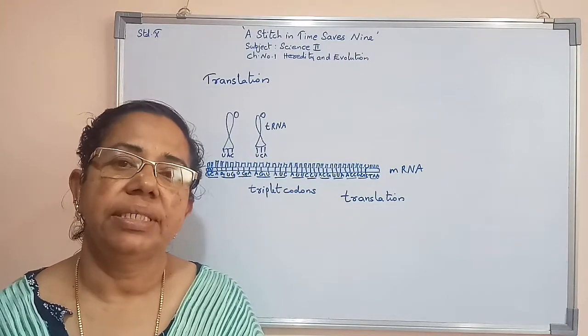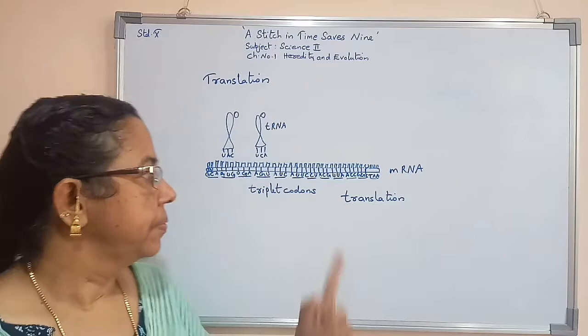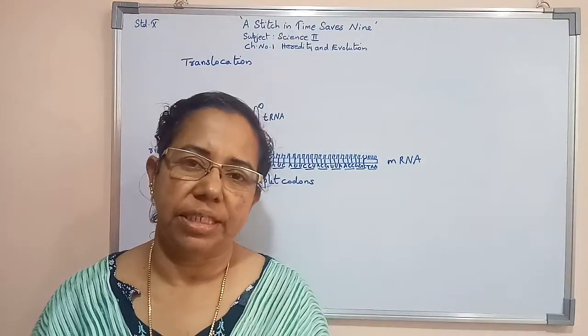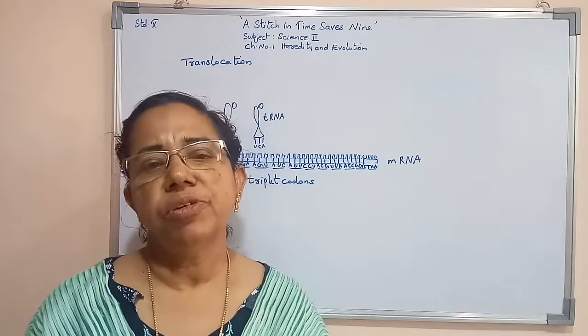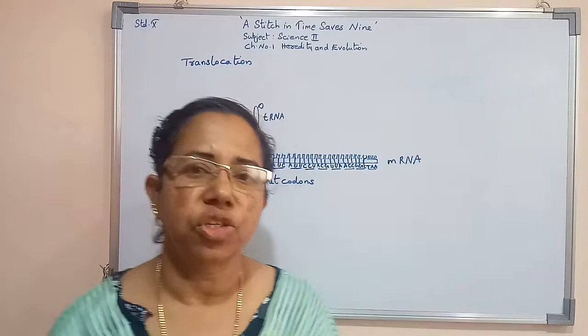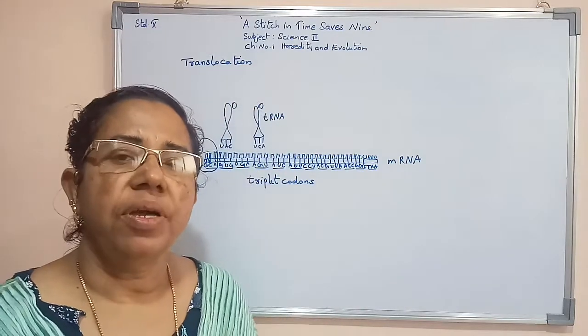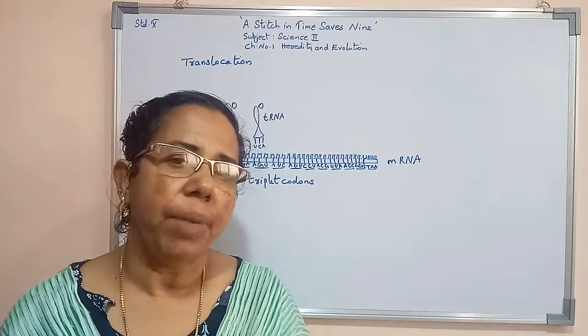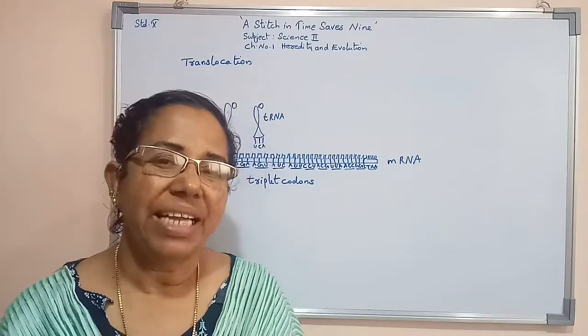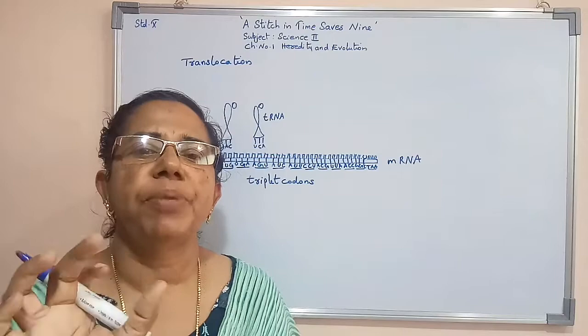This is known as translation. What is meant by translocation? During the process of protein synthesis, the ribosome moves from one end of mRNA to the other end of mRNA by the distance of one triplet codon.